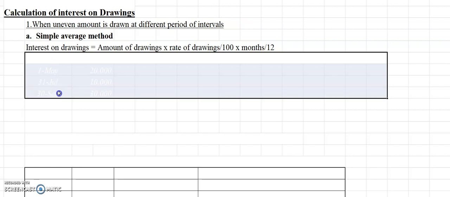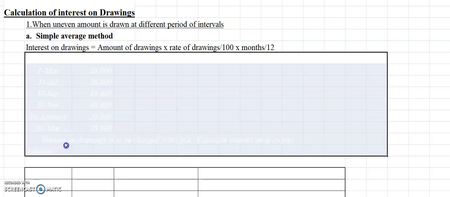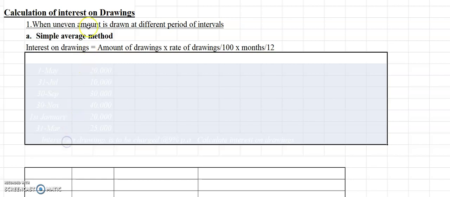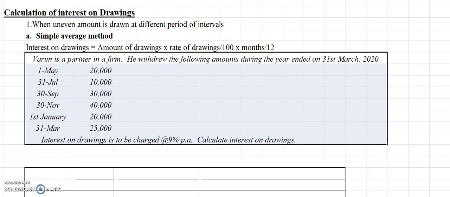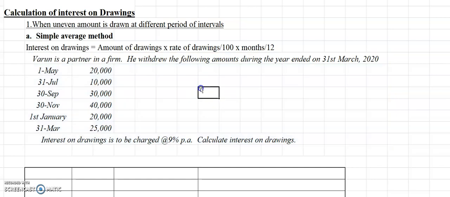Now let us see an illustration, how to solve a question under this method. Here is a question for you. Varun is a partner in a firm. He withdrew the following amounts during the year ended 31st March 2020. So Varun, a partner, withdrew different amounts at different periods of interval.